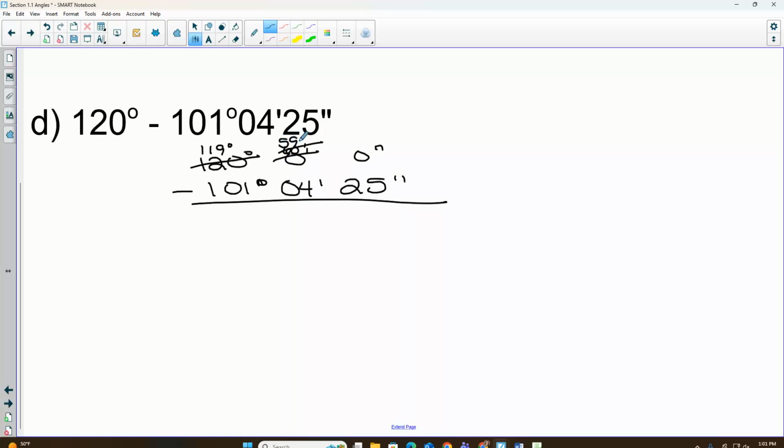I'm going to take away 1 minute. So that's 59 minutes, and this would be 60 seconds. Did you guys figure that out? Good. So 60 minus 25, this is 35 seconds. 59 minus 4, 55 minutes, and 119 minus 101, 18.